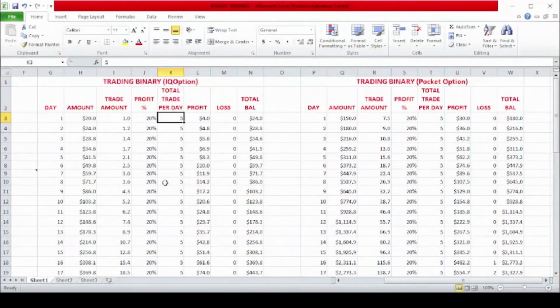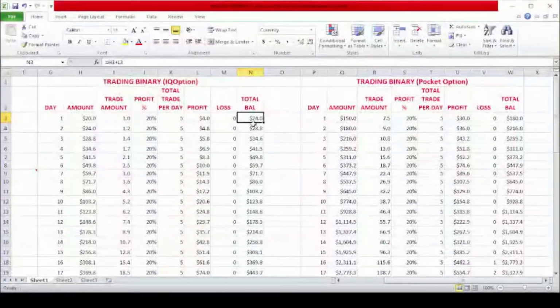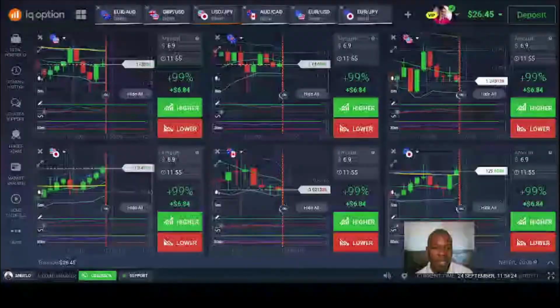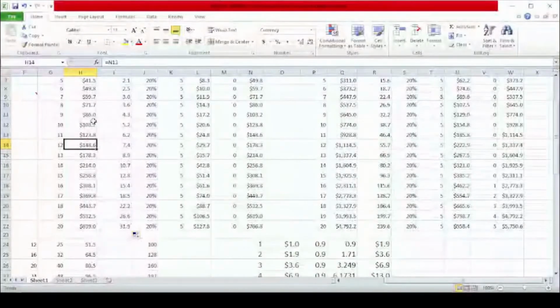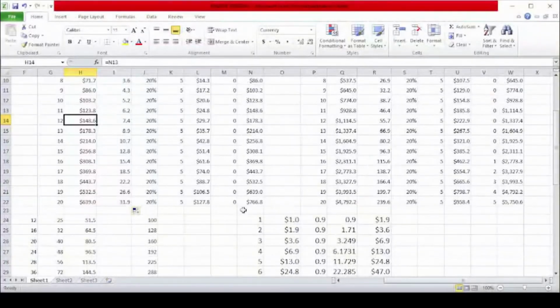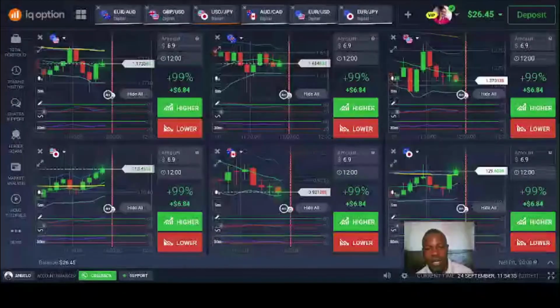You can see from the Excel chart that if I win the 5 trades successfully, I'm supposed to have a profit of $4 in a day. If I have that every day, 20% of my initial capital, at the end of the 20 days I'm to have $766. So that is perfect.